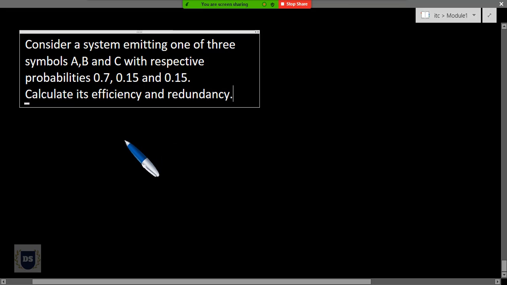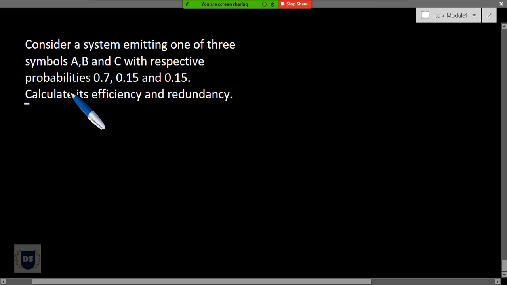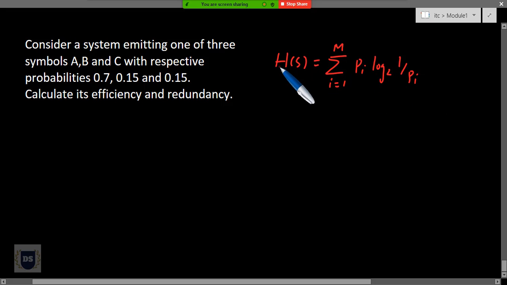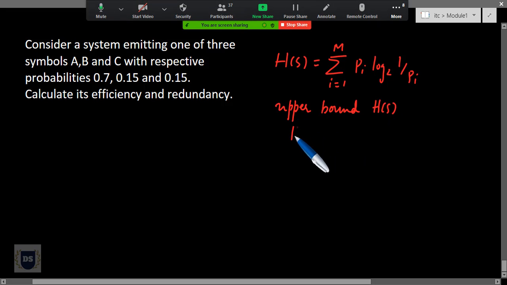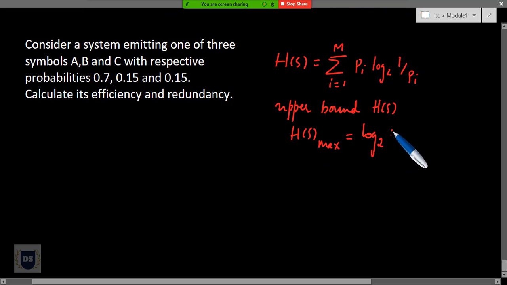So this is the problem statement, and now let's make use of our known formulas and try to solve this problem. So what formulas do we know? We know how source entropy is given, denoted by H of S, summation i starting from 1 to m, pi log to the base 2 of 1 by pi. This is the formula for entropy of a source, and we also know the upper bound for entropy, which is given as H of S max equal to log to the base 2 of n, where n is the number of symbols that a source can emit.